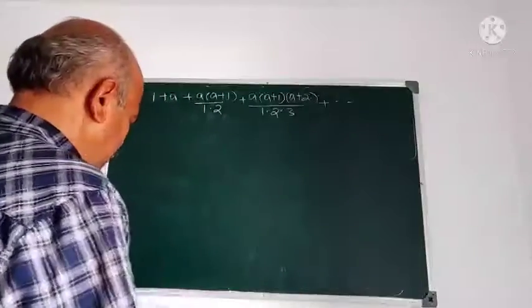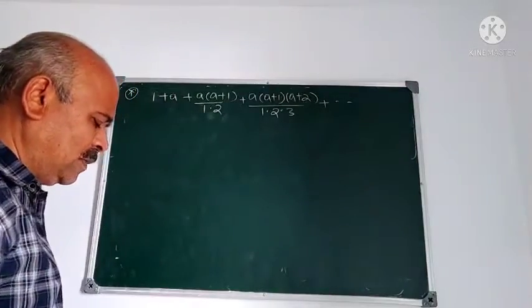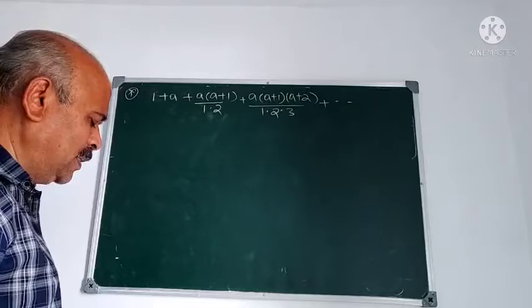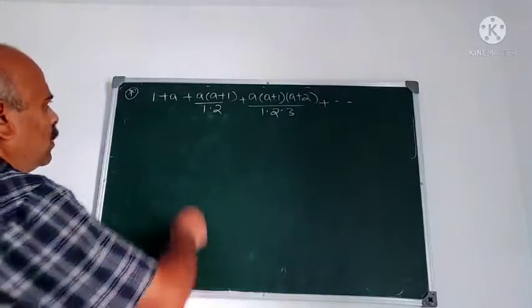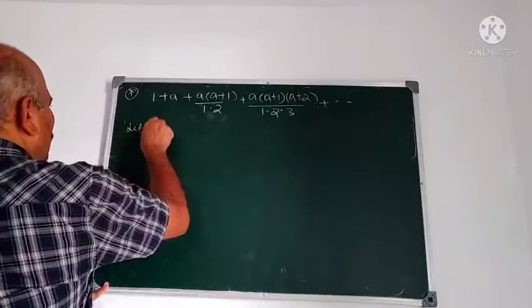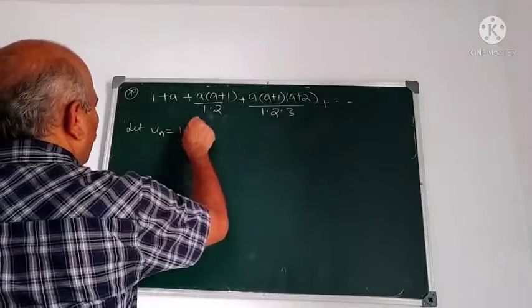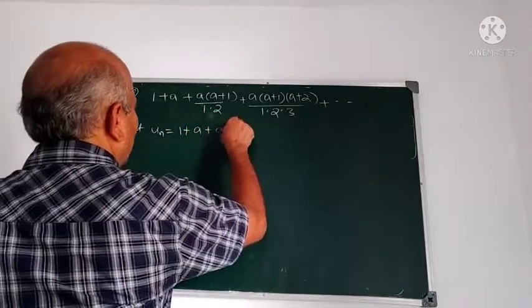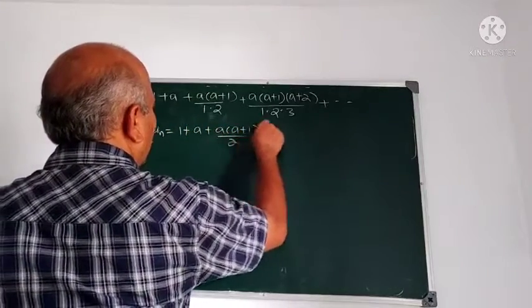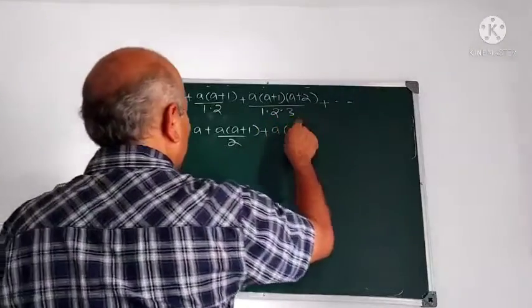What is a? A greater than 0 here. A greater than 0. Now let un be 1 plus a into a plus 1 by 2 plus a into a plus, what is un?